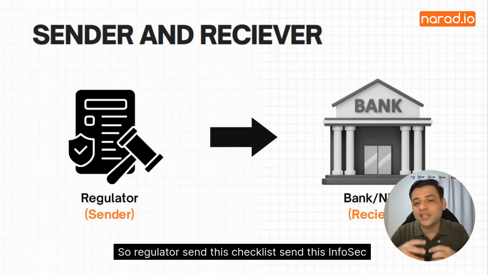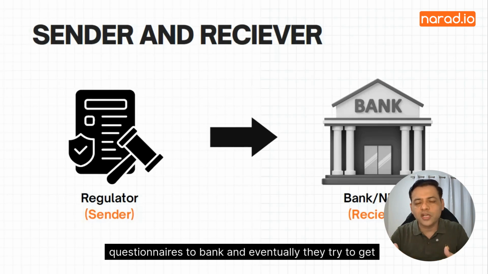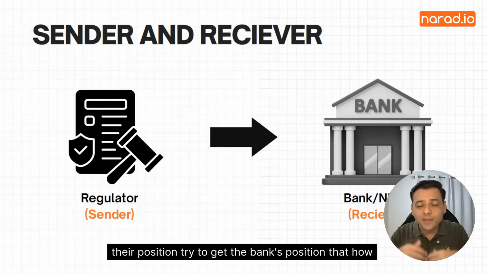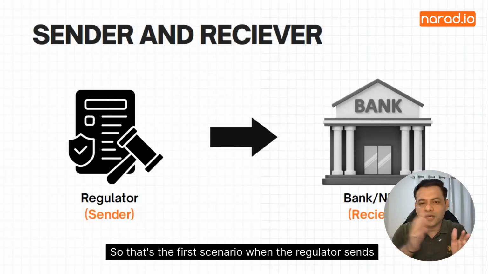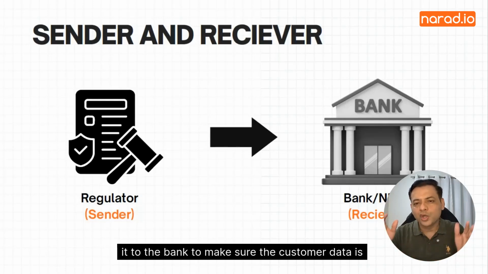So regulators send these InfoSec questionnaires to banks, and eventually they try to get the bank's position on how secure the customer data is with them. So that's the first scenario, when the regulator sends it to the bank to make sure the customer data is protected at any cost.